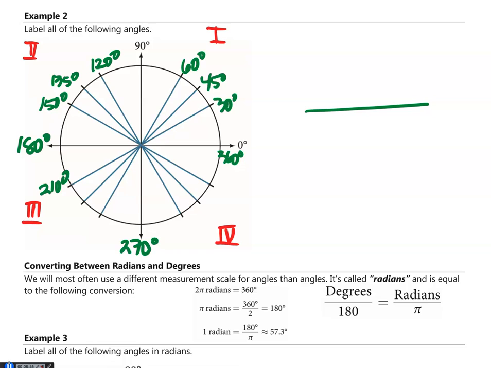So what I do is 30 plus 180 is 210 degrees here, and then this one is 45.